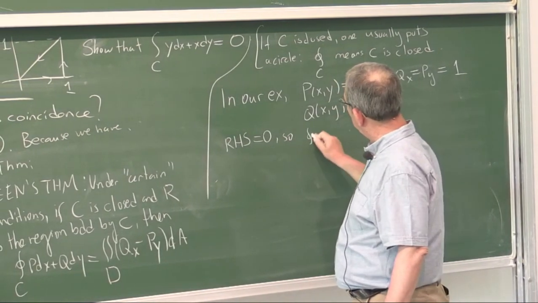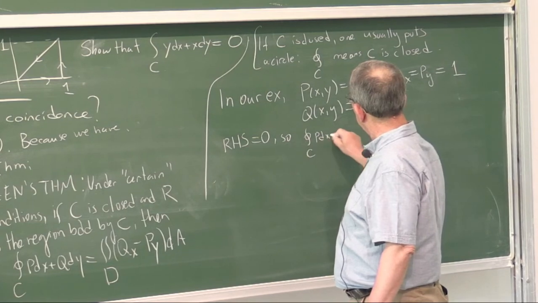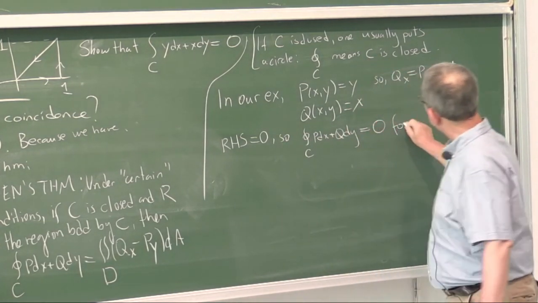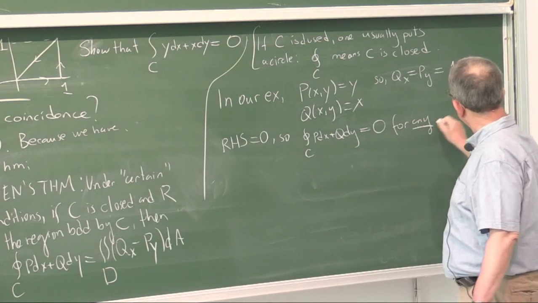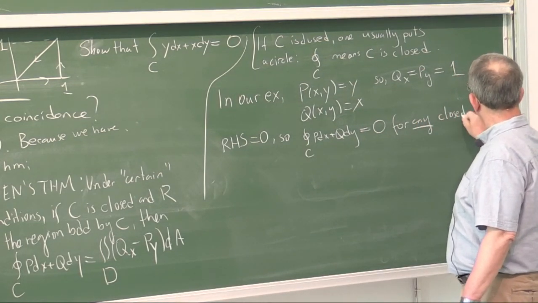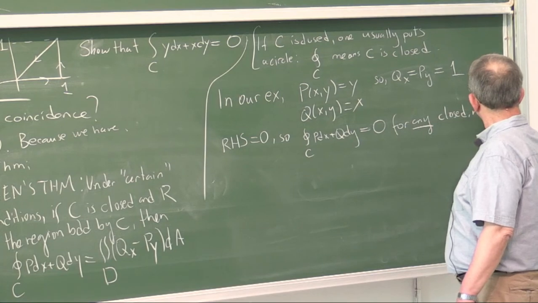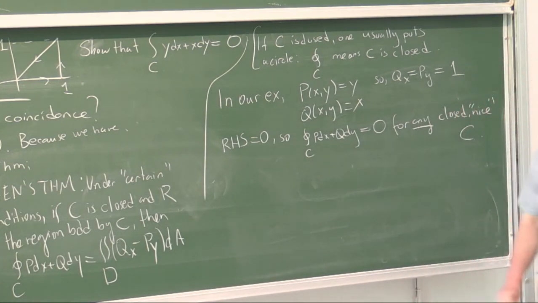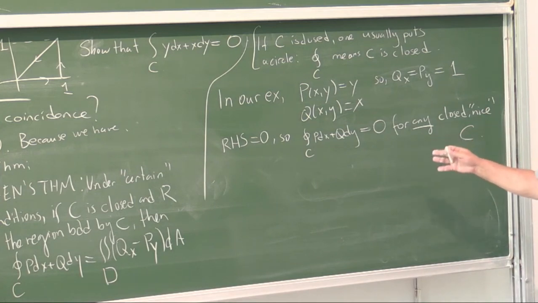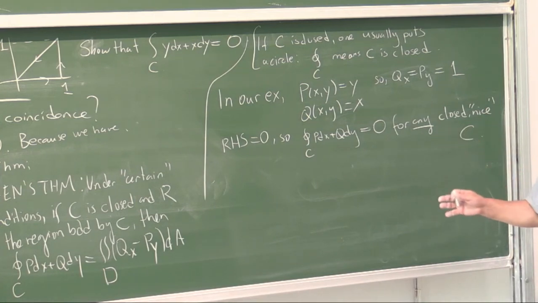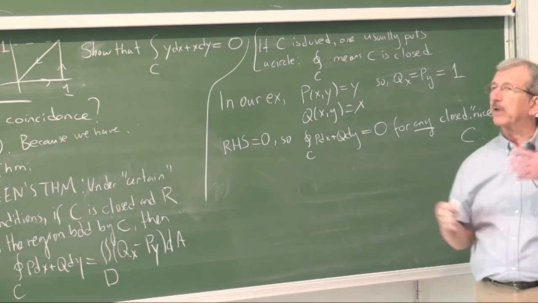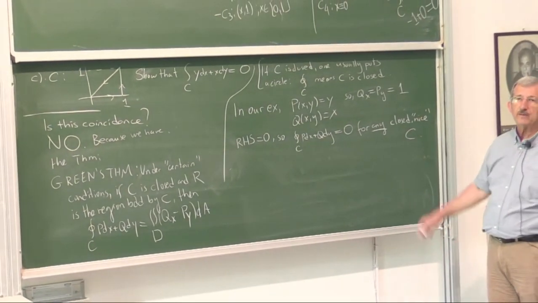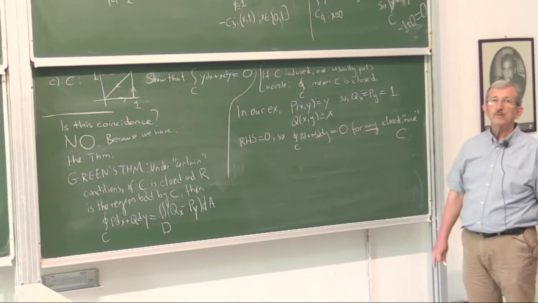So this is 0 for any closed nice C. And here C is not important. It can be a circle, it can be a square, it can be a triangle. All these integrals will be 0. If it's an ellipse, still it is 0, and so on.